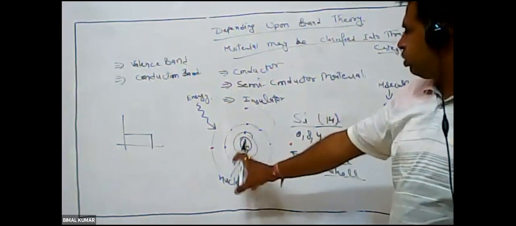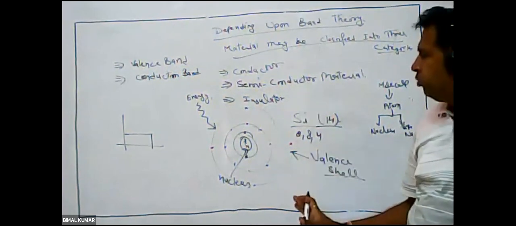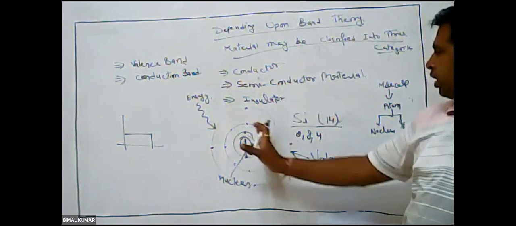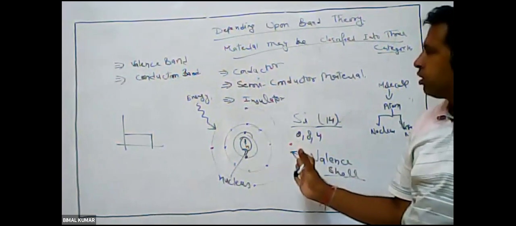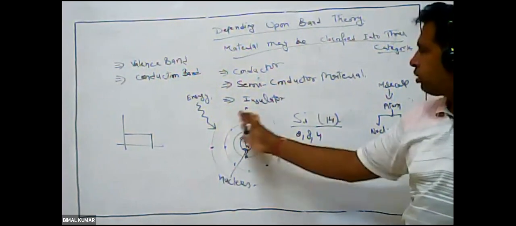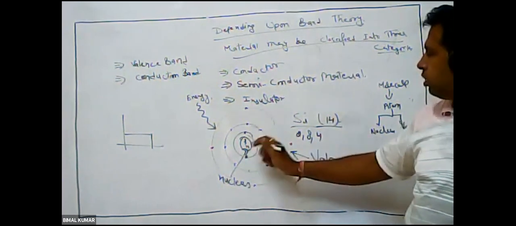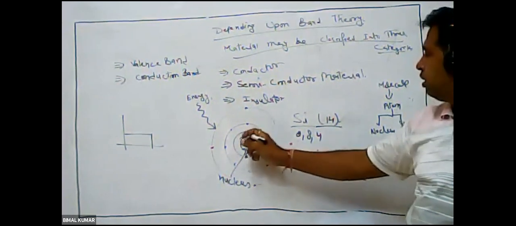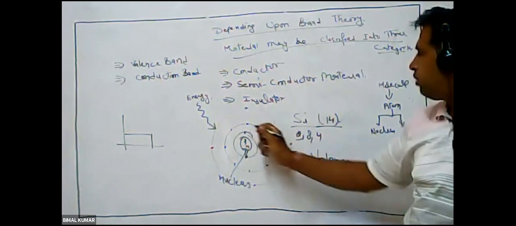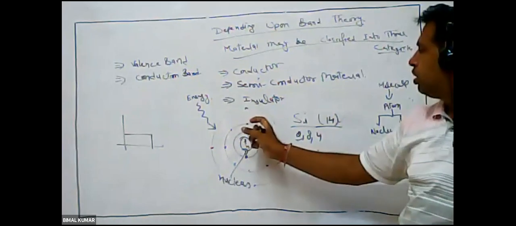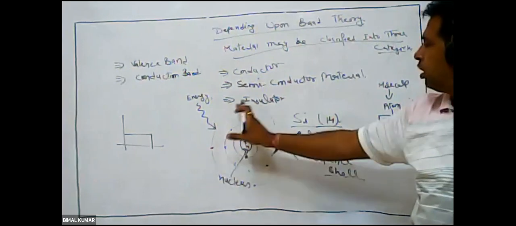The central part is known as the nucleus. It consists of protons and neutrons, which are the basic cause of the mass of the atom. Then, around this nucleus, electrons revolve in fixed orbits. The first orbit or first shell has 2 electrons, the second orbit has 8 electrons, and the last orbit has 4 electrons.